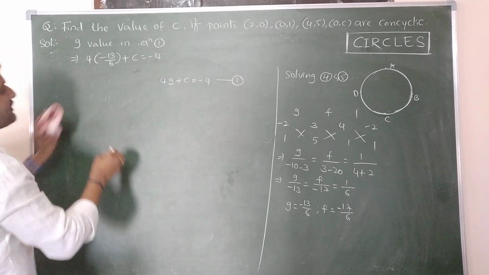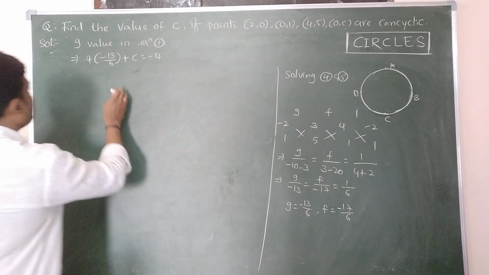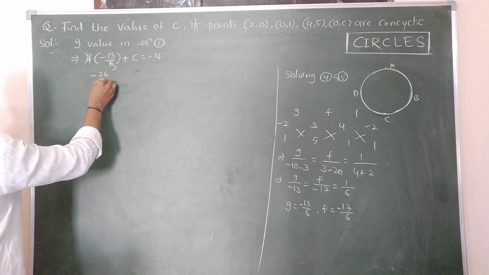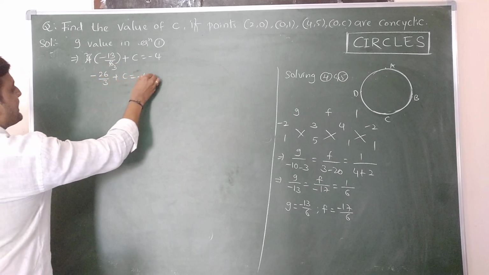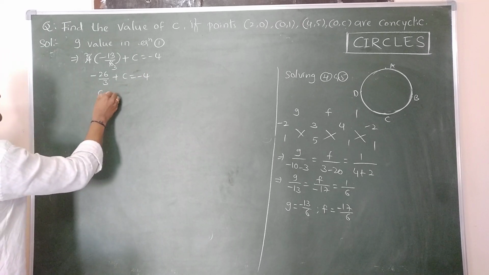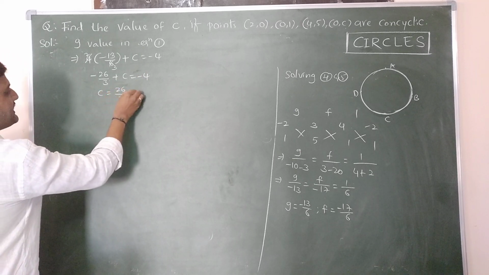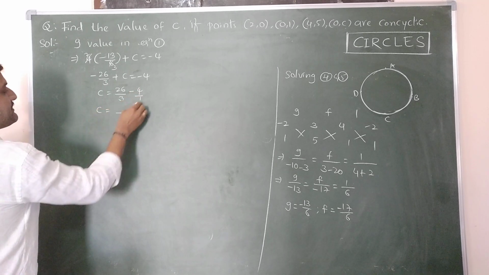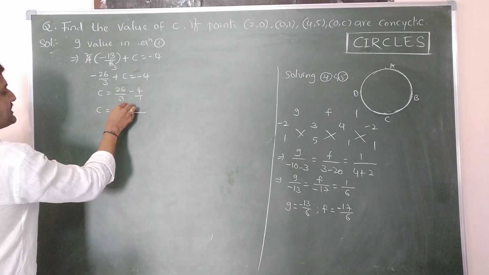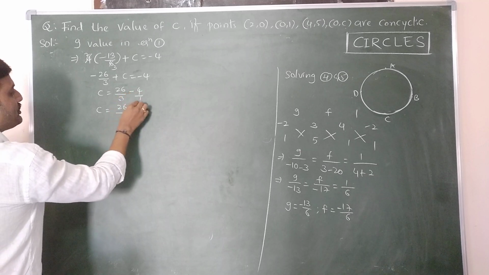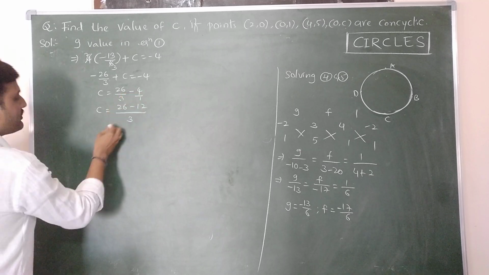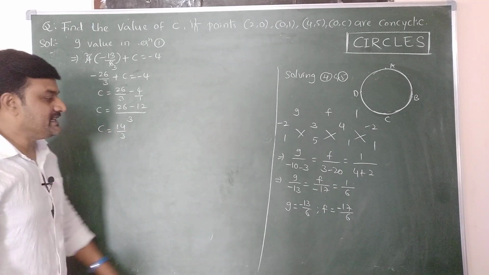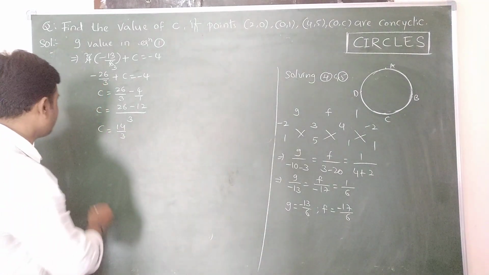Then minus 26 by 3 plus c equals to minus 4. Now c equals to 26 by 3 minus 4 by 1. LCM is 3, so 26 minus 12. c equals to 14 by 3. Then we have g, f and c values.